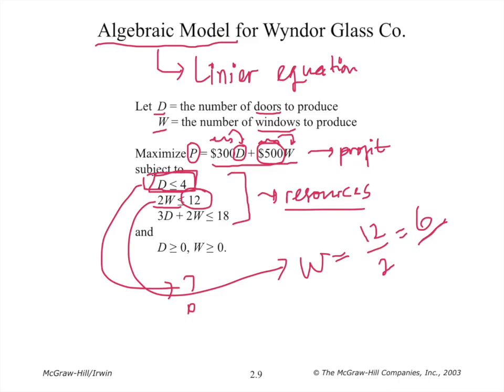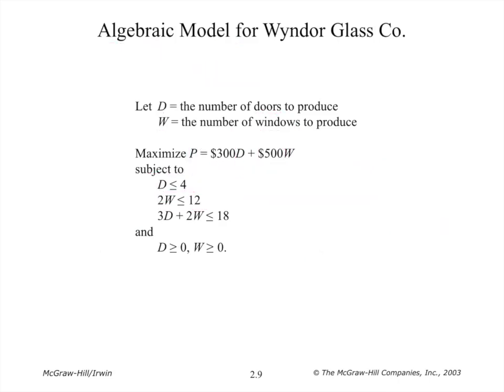Okay, and plant 3 is the complicated one, because in plant 3 we need 3 hours to produce a door and 2 hours to produce a window. So the hours used is 3 times the number of doors plus 2 times the number of windows, and it must be lower than the hours available.